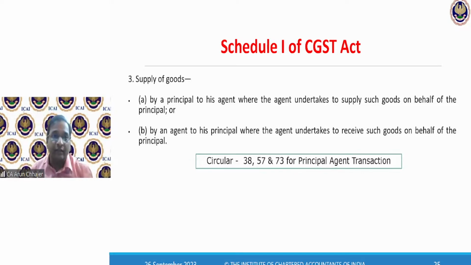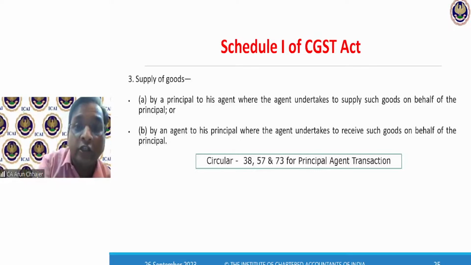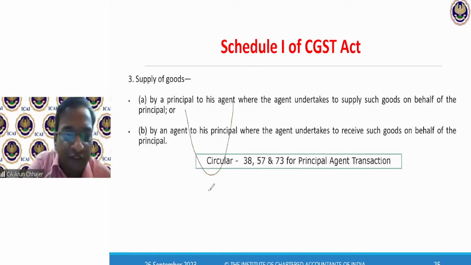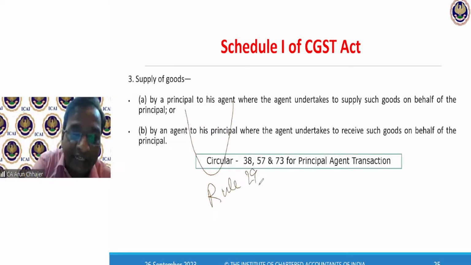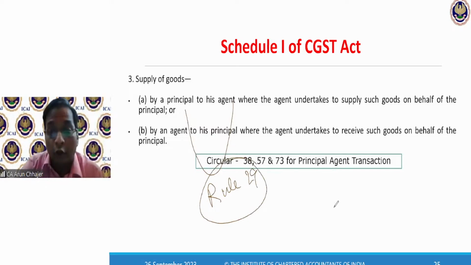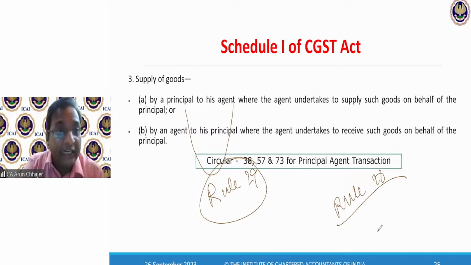Because it is not a sale, unnecessarily the working capital would be blocked. To avoid that, a specific rule has been made for these transactions in the valuation chapter. Rule 29 is on the principal and agent. Rule 28 is for related party or distinct party. Correct.